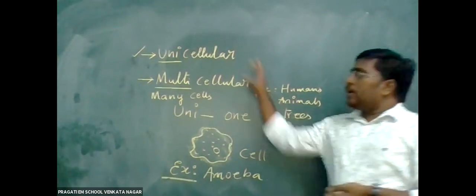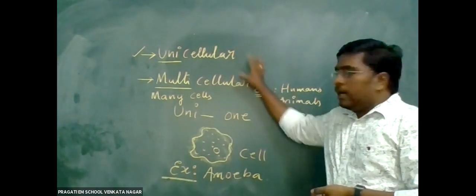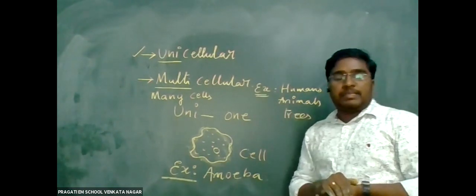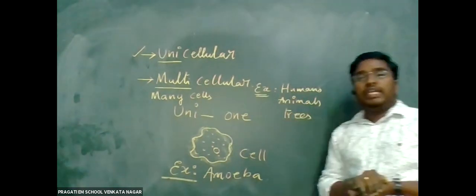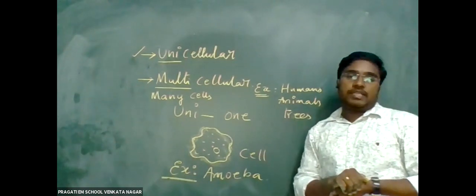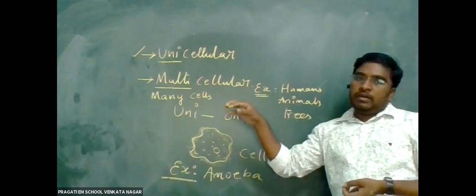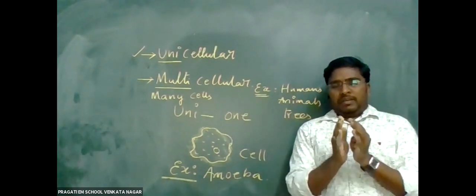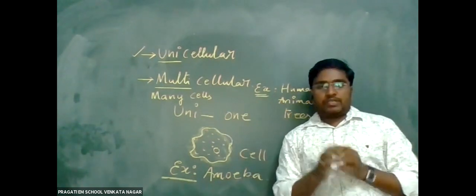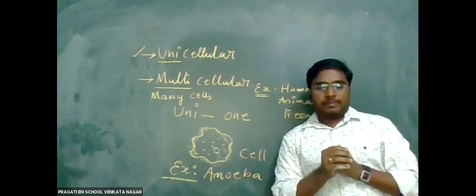See here, unicellularity and multicellularity are basic characters of living organisms. So, basing on the living character, we divide living and non-living things.